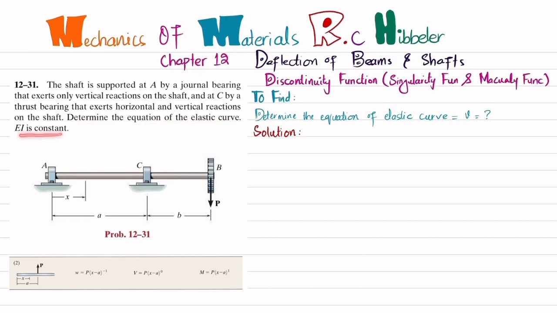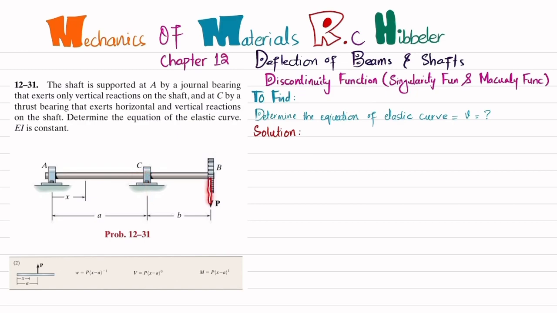EI is constant. So you can see this is the shaft AB that is supported by a journal bearing at A that only exerts a vertical force. Clear? And there is a thrust bearing that exerts horizontal as well as vertical forces.